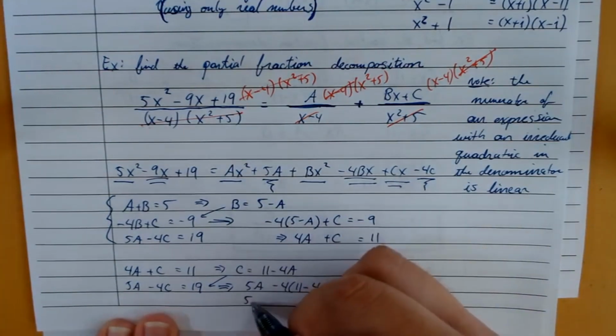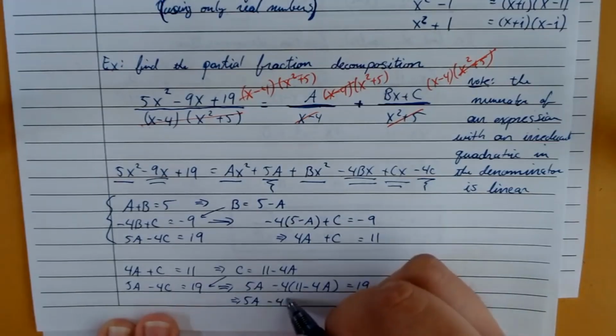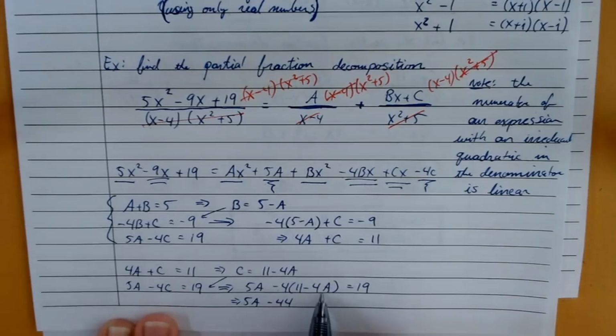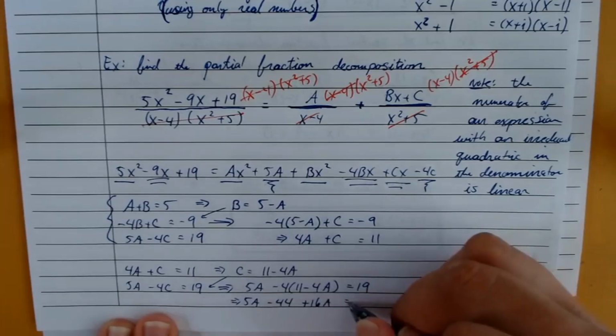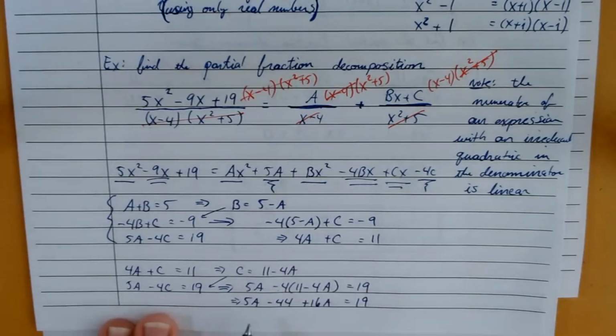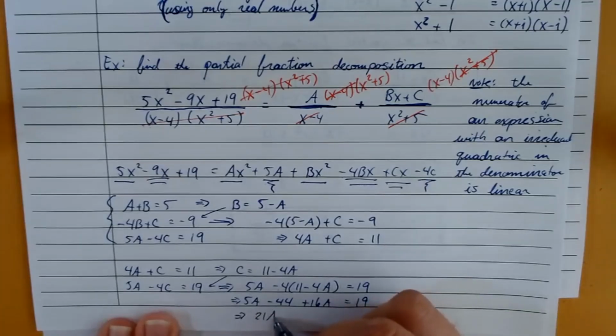That's going to give me 5a. Negative 11 times 4, that's negative 44. And then negative 4 times negative 4a, that's positive 16a. That's equal to 19. I can combine those. That's 16a plus 5a. That gives us 21a.